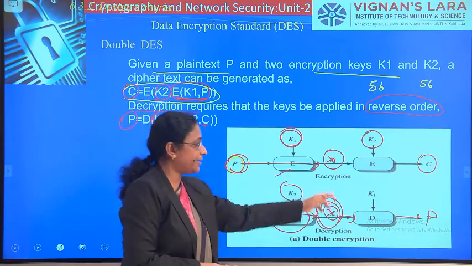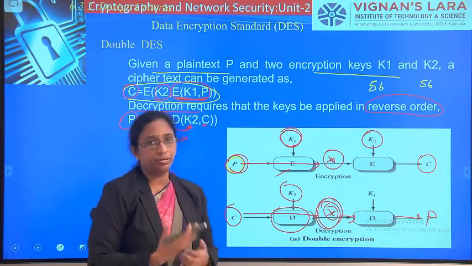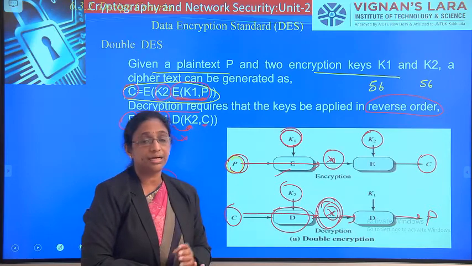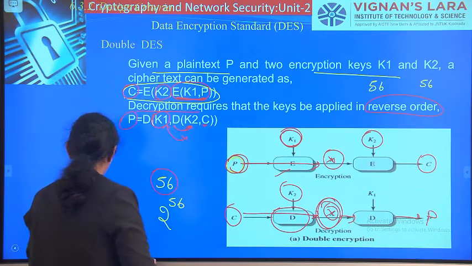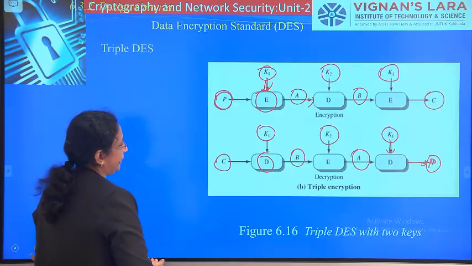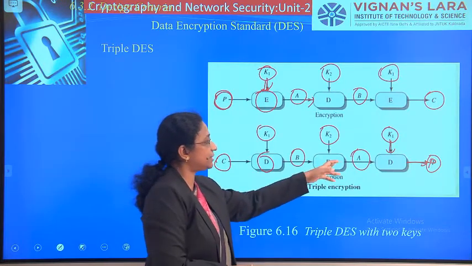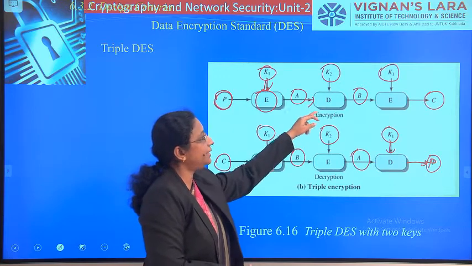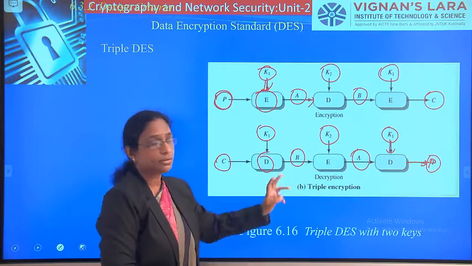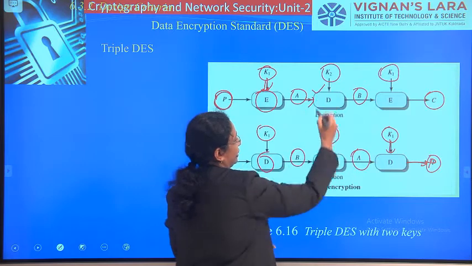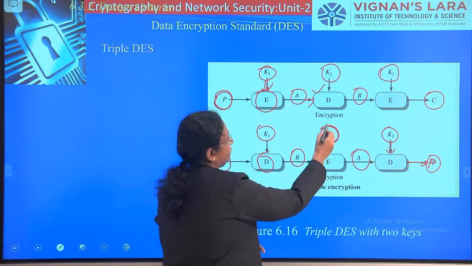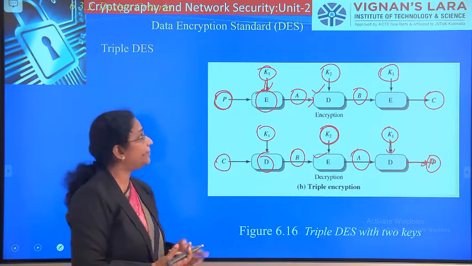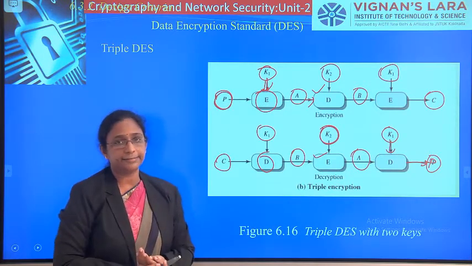This middle X value can be avoided by using triple DES. The meeting in the middle can be avoided in triple DES by using decryption and encryption, doing the decryption with K2 and the encryption with the key K2, so the meet in the middle attack can be overcome.